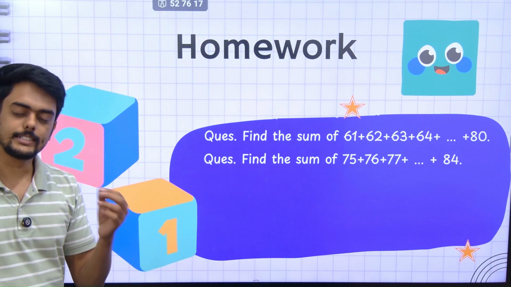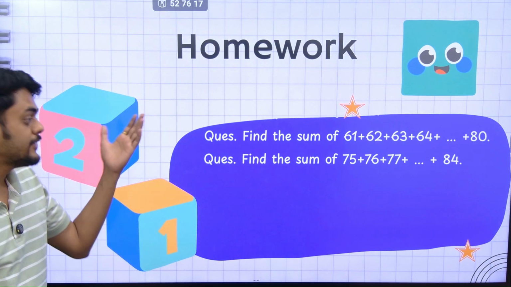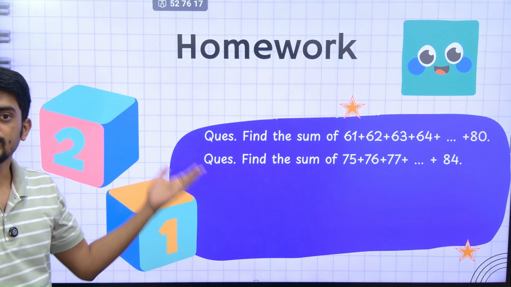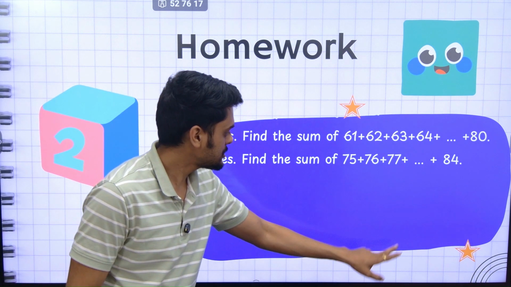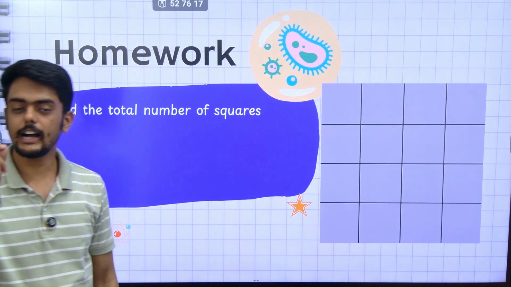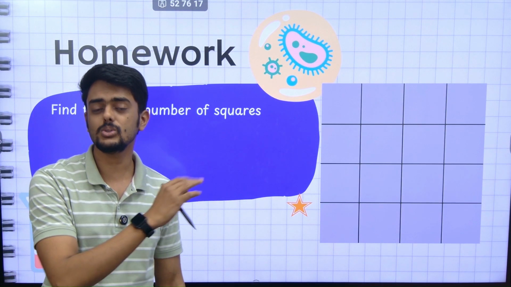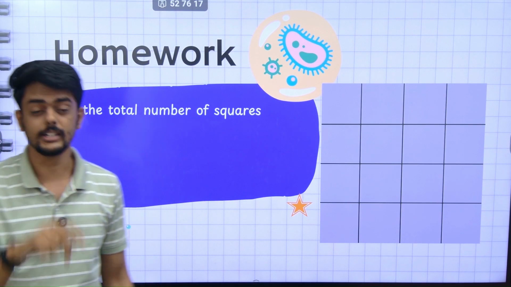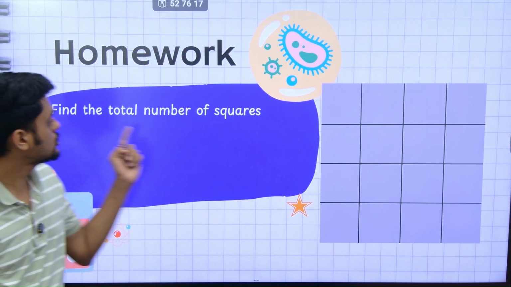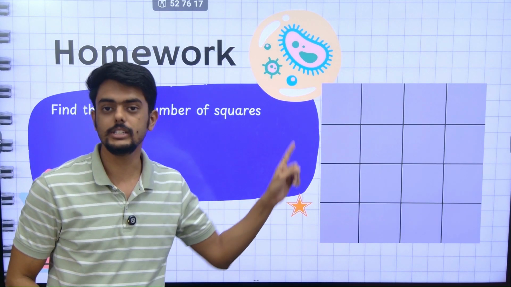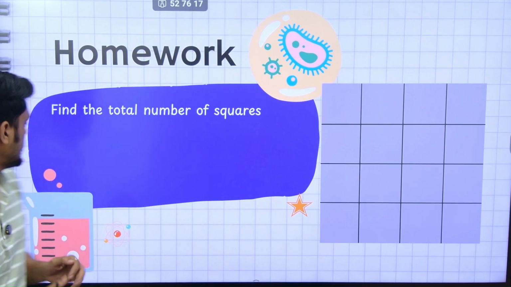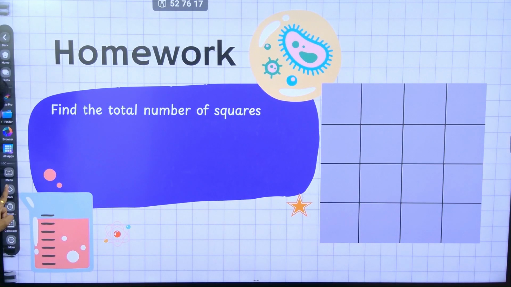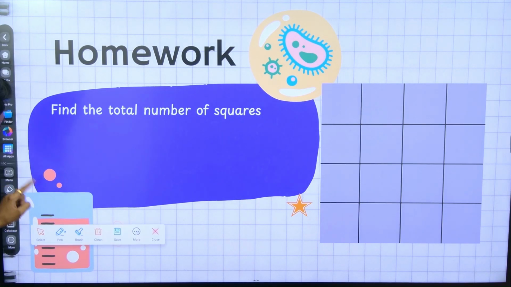It's that much easy when you interact with such beautiful numbers and concepts. So let's move ahead, and I have another question, that too on the topic, but you need to find the total number of squares given over here. I am taking a pause and let's make this homework a class work.